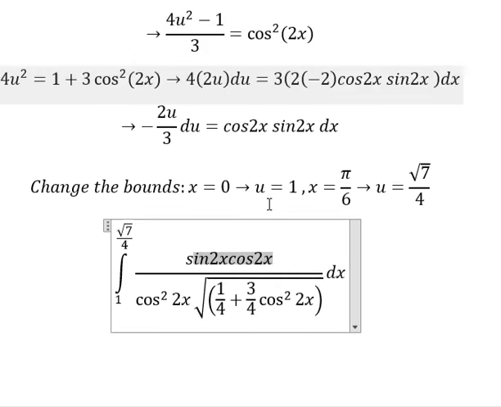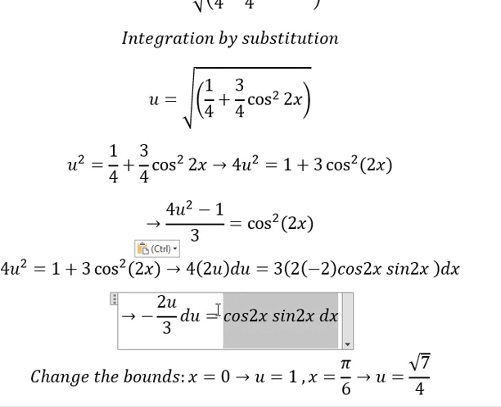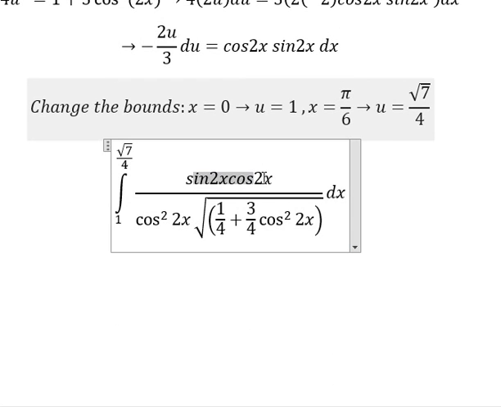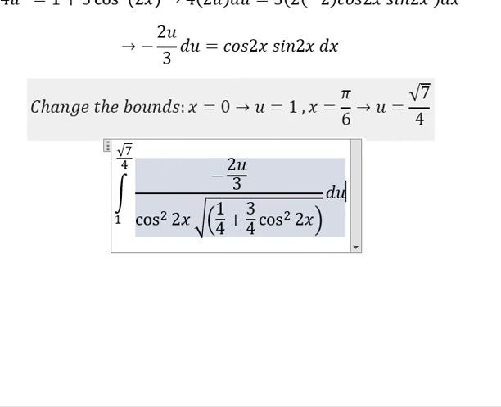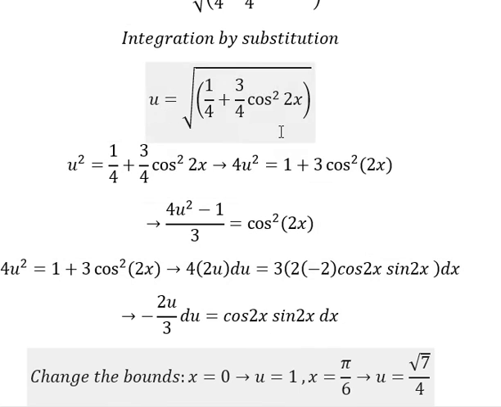So this one is this one. So we need to transform into this one. The square root is u.